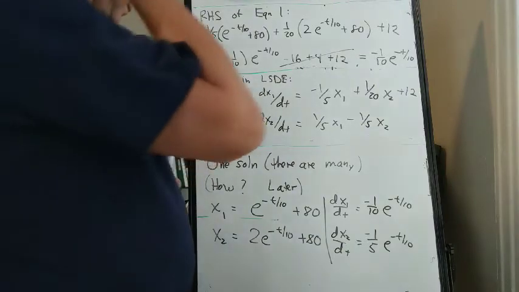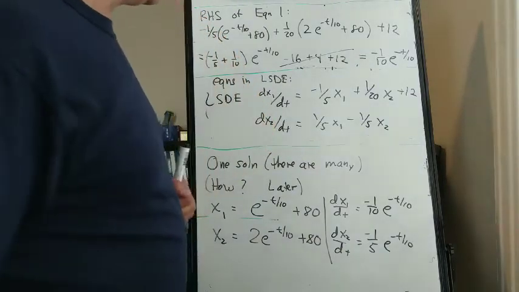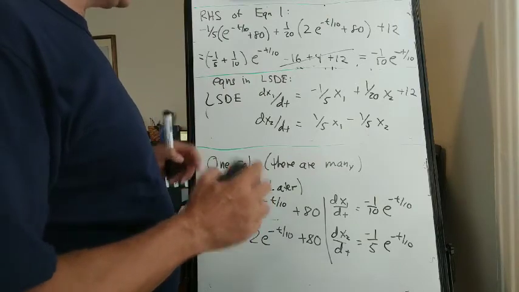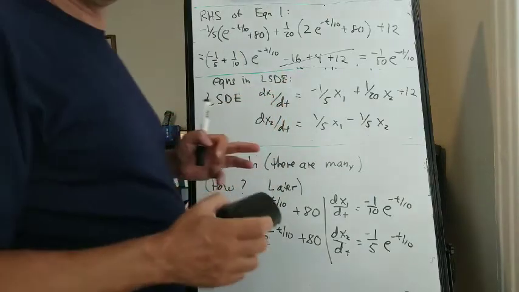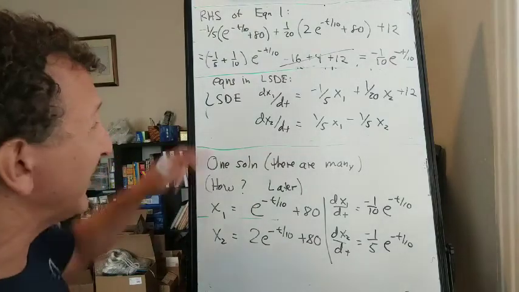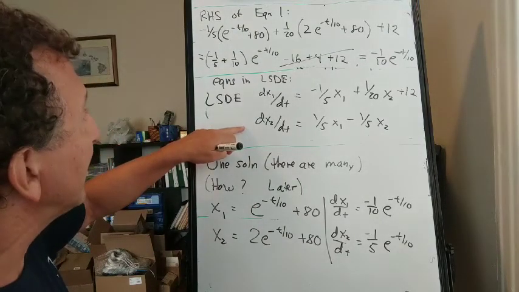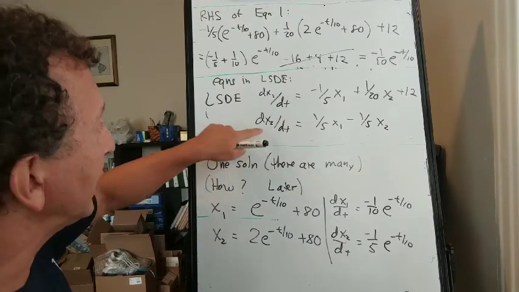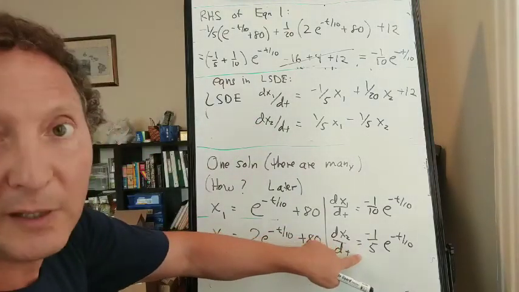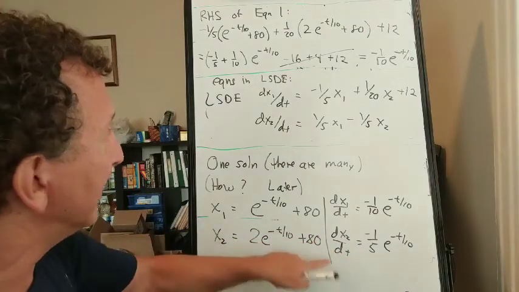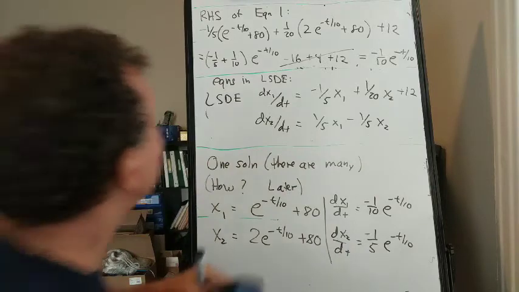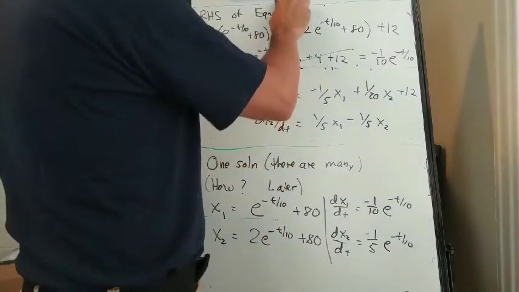All right, so looks like we have a solution to the first equation, but to be a solution of the system of differential equations, it has to satisfy the second equation also. So let's verify that the second equation, left-hand side, is this derivative here, minus 1/5 e to the negative t over 10. Let's verify that the right-hand side is equal to that. So the right-hand side of equation 2.